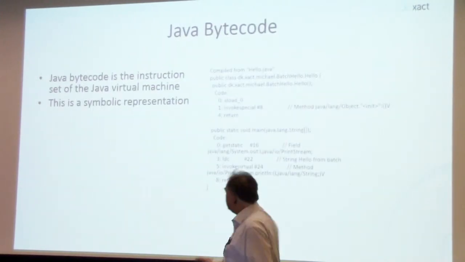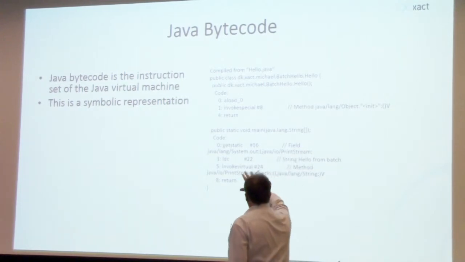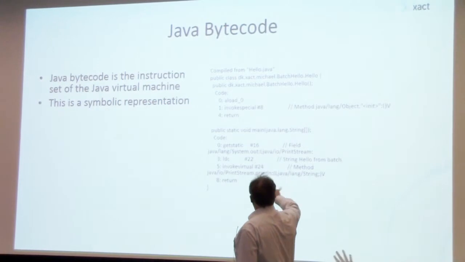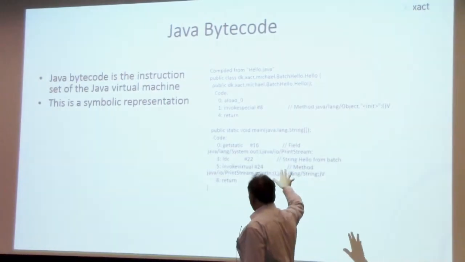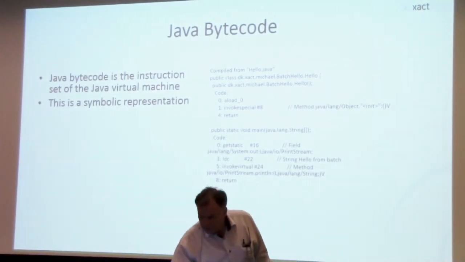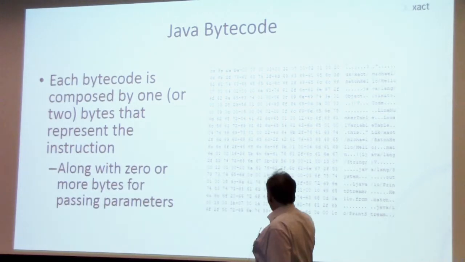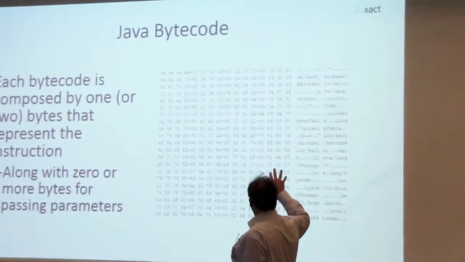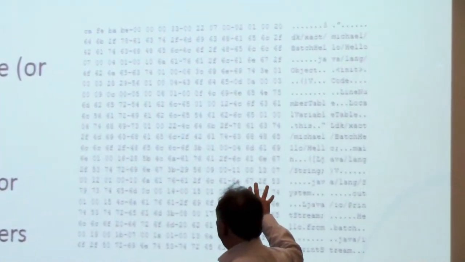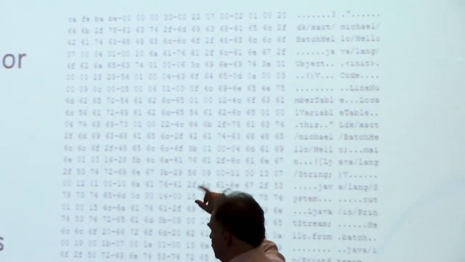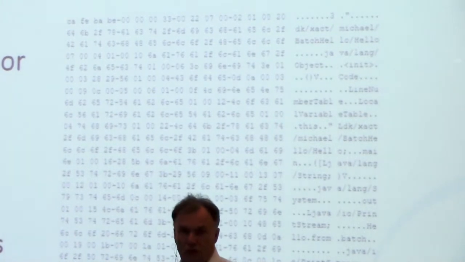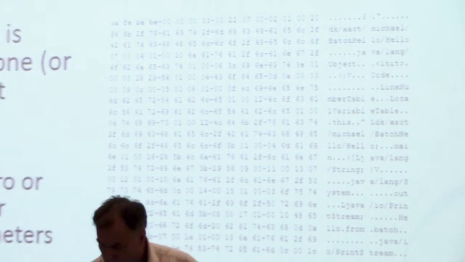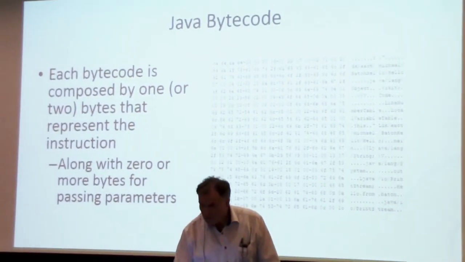This is a symbolic representation of the bytecode of the program which we just saw, which looks interesting and strange, but if we want to look at it in binary, this is what it looks like. This is what we are loading into storage when we are running a Java program. Each of these bytes, or 2-byte sets, is an instruction, like 47 blah blah blah as a simple instruction. Right?